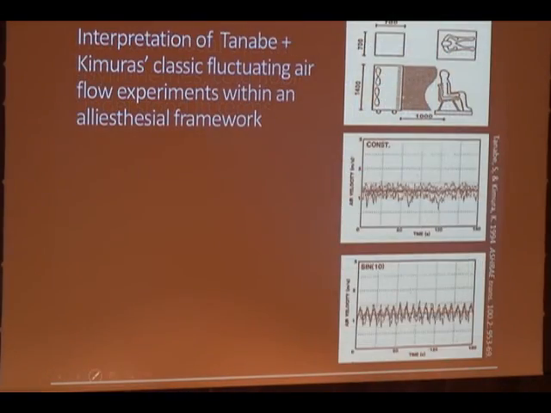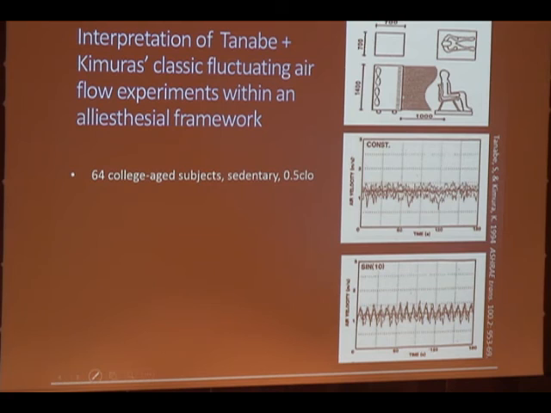I was going to show, in some ways, a classic study by Tanabe. I hope he's in the audience. Tanabe did some studies in his PhD back in the 1980s, published in the early 90s in ASHRAE, looking at the impacts of fluctuating air movement on thermal comfort.